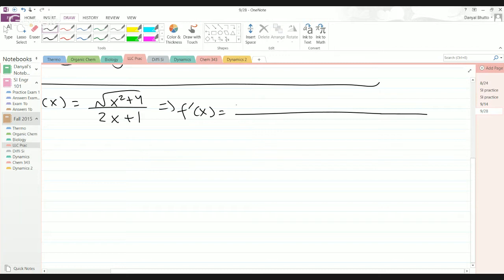So what do we have on top? What do I take the derivative of first? What is the derivative of, well, we can rewrite the low.